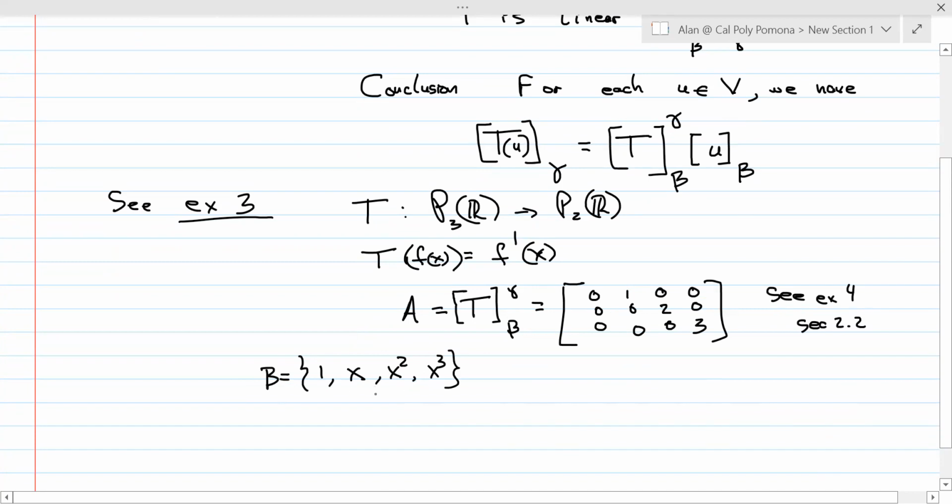So that's what we used as the standard ordered basis of P3. And when you take the derivative of 1, you get the constant 0, which in terms of this, I guess I should say what gamma is. Gamma is 1, x, and x squared.